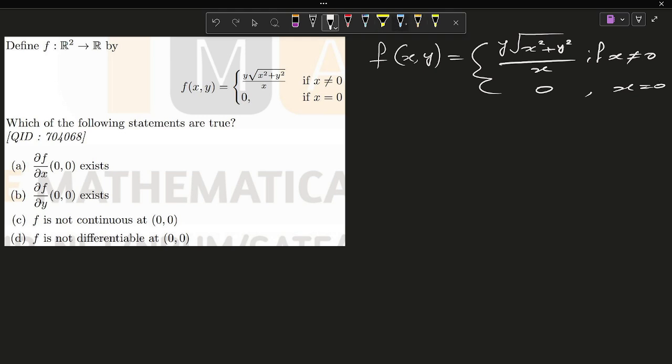Option A says del f del x at (0, 0) exists.